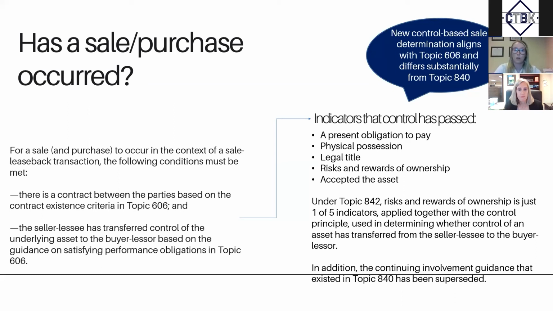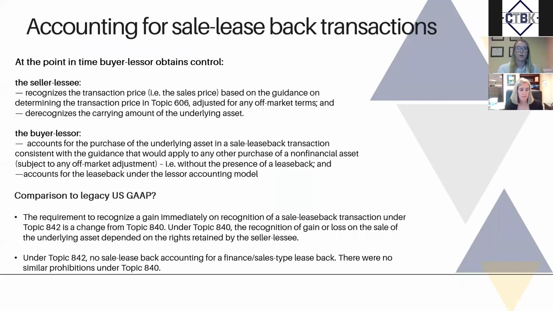Once you've determined that, yes, we do have a sale and purchase, and we're going to apply the sale leaseback accounting, now we'll walk you through at a high level what that accounting would be under 842. At the time that the buyer obtains control, the seller lessee is going to derecognize the carrying amount of that underlying asset.